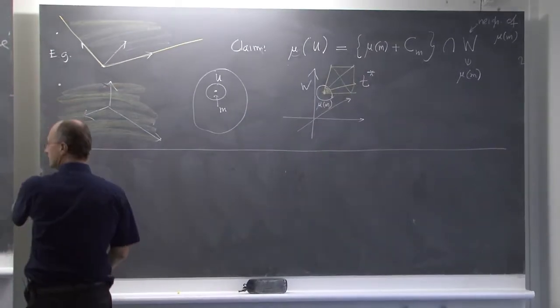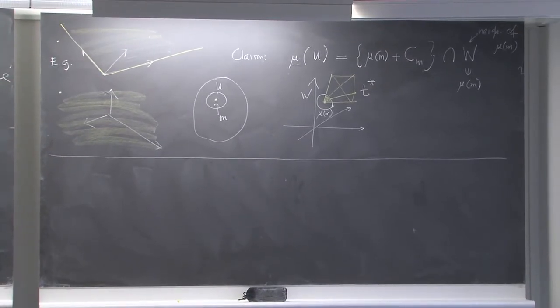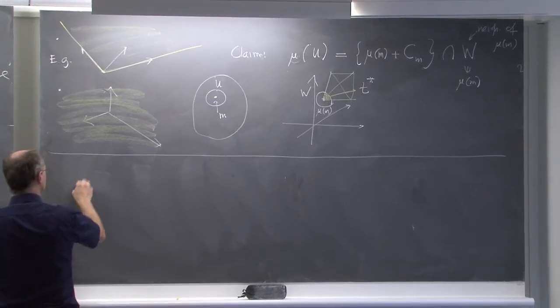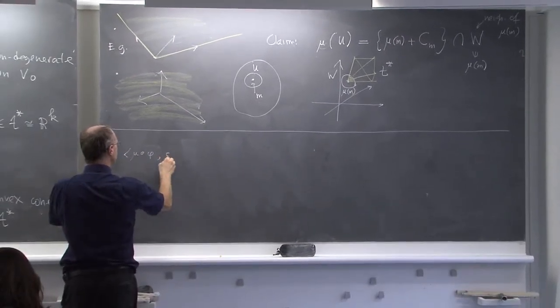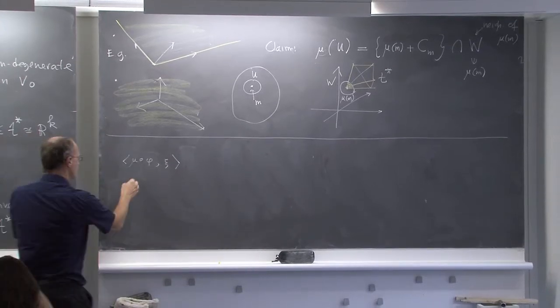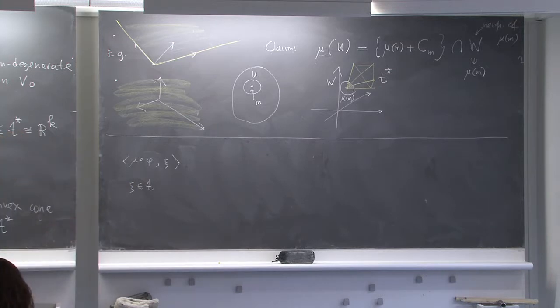Right, let me rewrite this formula in the following way. So I'm writing mu phi, and I would like now to pair it with some element psi in T. Right?